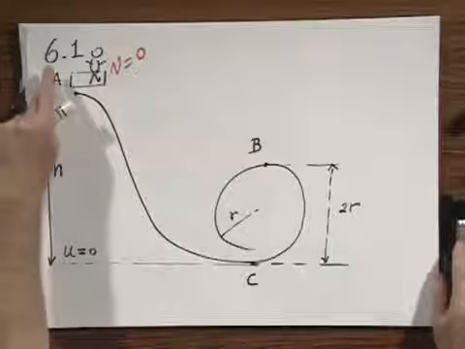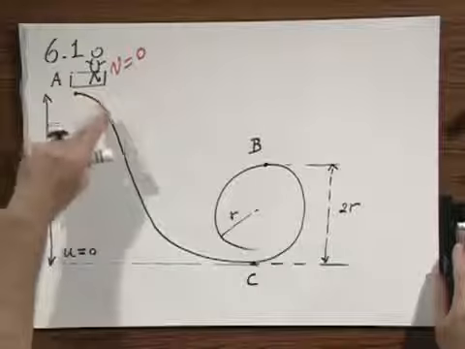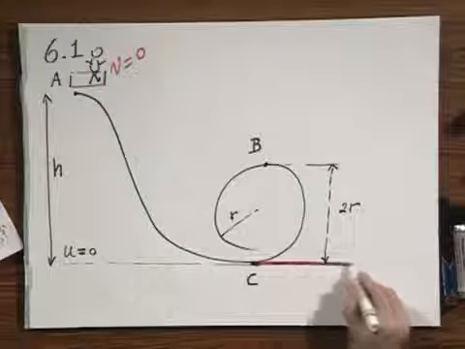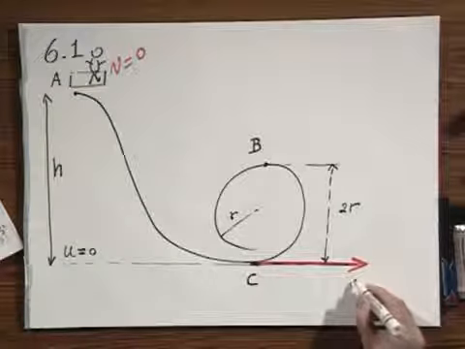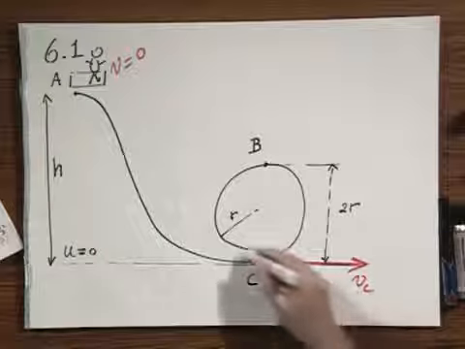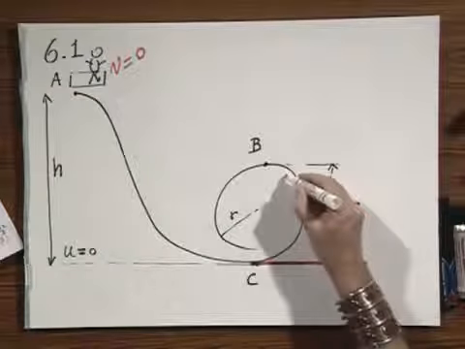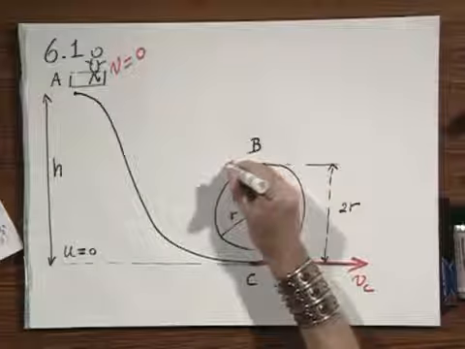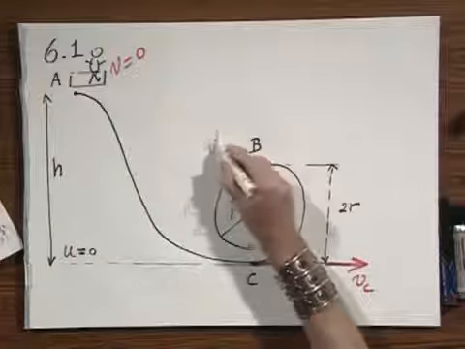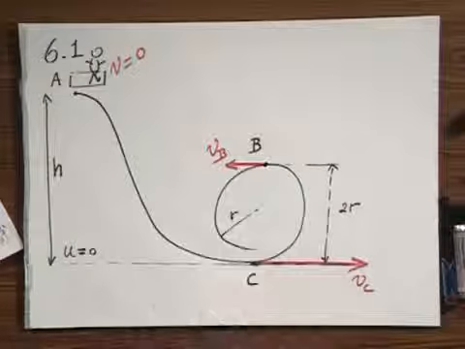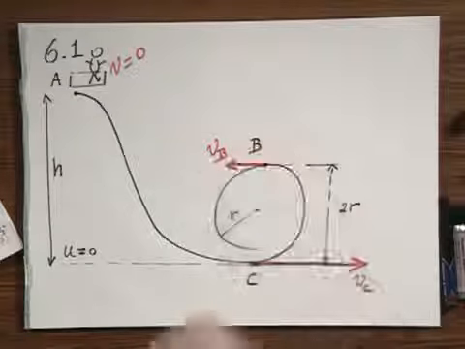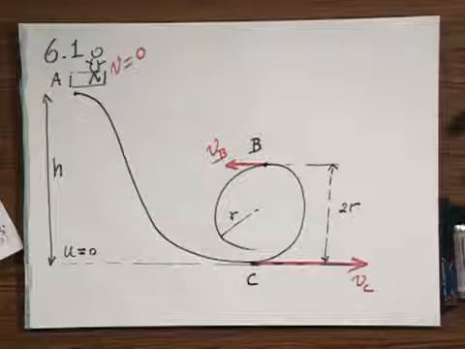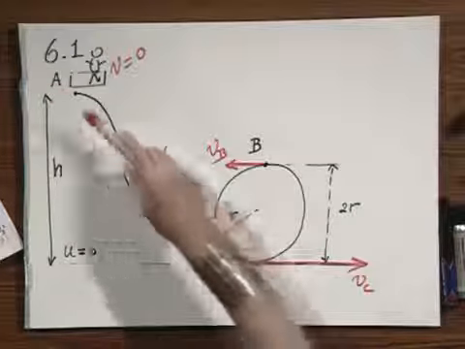You have no kinetic energy here, you have only potential energy, and you pick up speed, and you reach point C with a velocity which I call v of C. You're climbing up against the gravitational field again, so you lose kinetic energy, and you finally reach point B, let us assume, with speed vB, tangentially. No friction, mechanical energy is conserved.